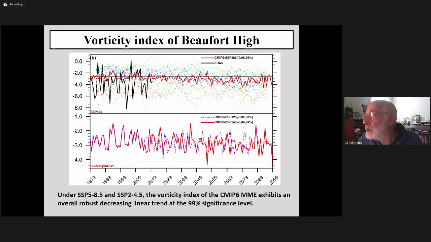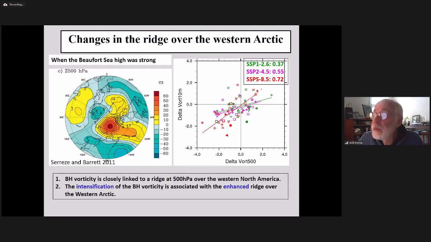The bottom two time series are a comparison of 2.45 and 1.26, so the results are not quite as dramatic. For 8.5 and 4.5, the results are a robust decreasing linear trend at the 95 percent significance level, and the slope is rather small. I won't give you the numbers, it's rather tiny.